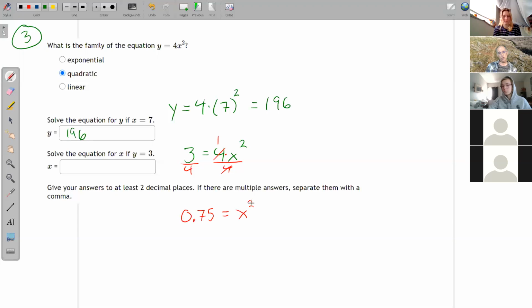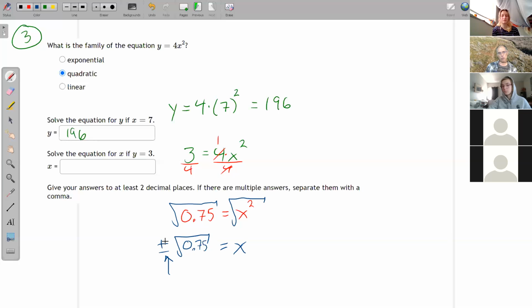Now, to get rid of the square, I take the square root. So at this stage, I would just write square root on both sides over everything. A square root cancels a square on one condition: if on the other side you put a plus or a minus. That's important. And otherwise, I have to ask my calculator what's the square root of 75/100ths. But this is super important.